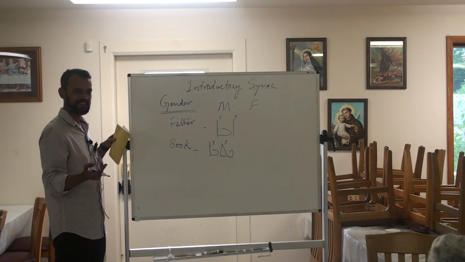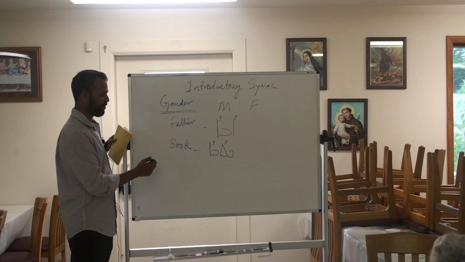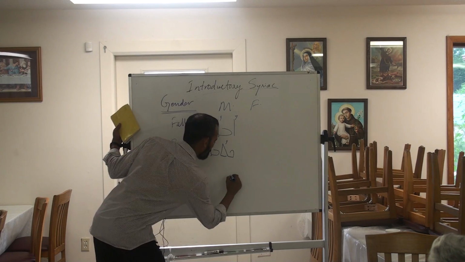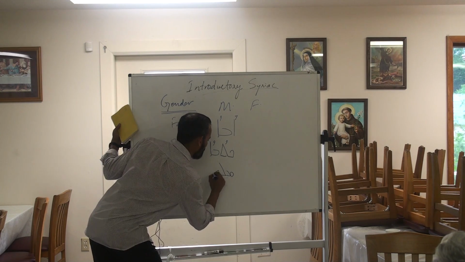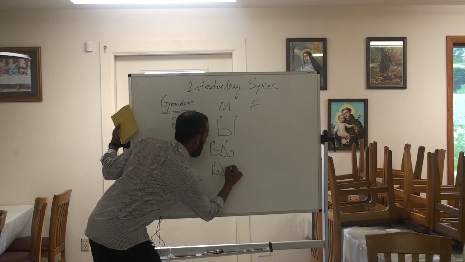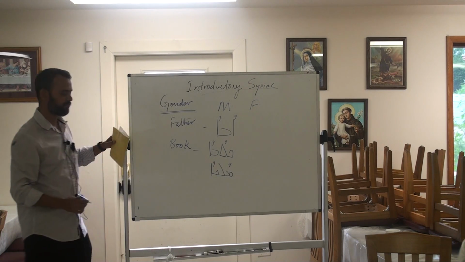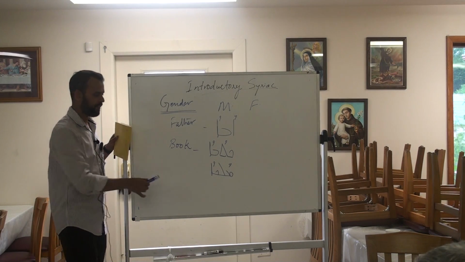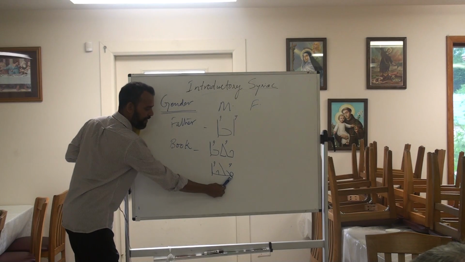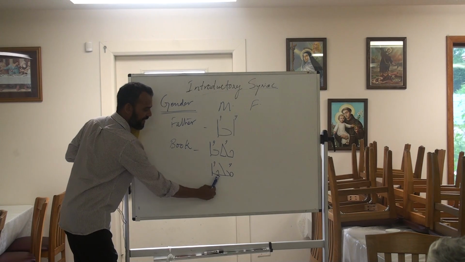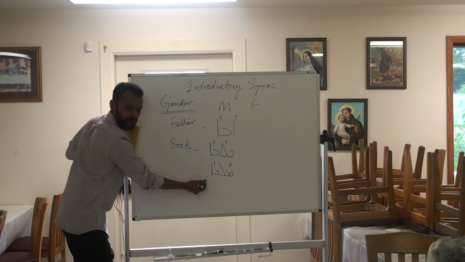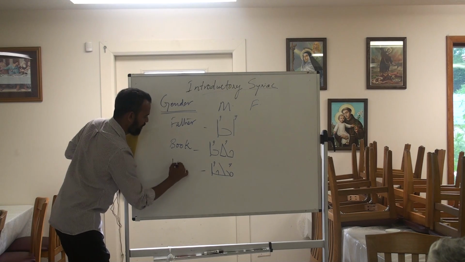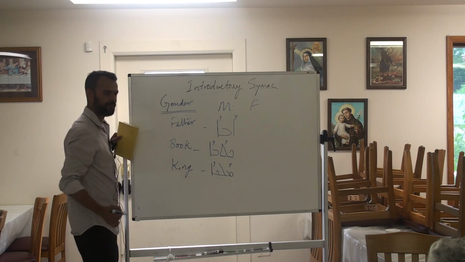Ktobo, kitab. Read this one. Ma, la, ka, ko, olaf. Mal, malko, meaning king.